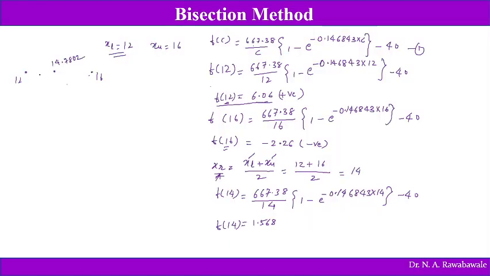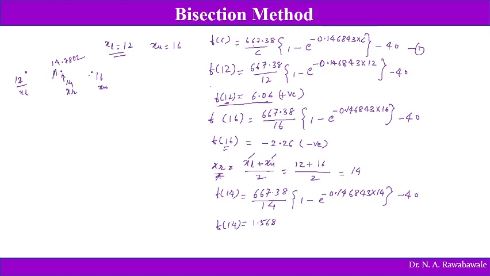Initially we assumed that the root is 12 and 16. After refining, we get that the root is somewhere here, 14. So 12 is the lower limit, 16 is the upper limit, and 14 is the revised answer.